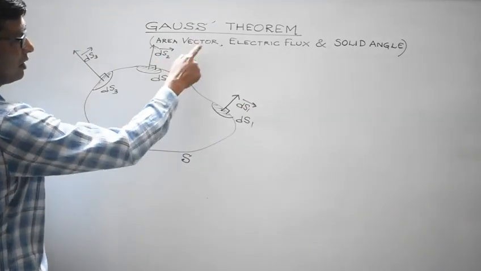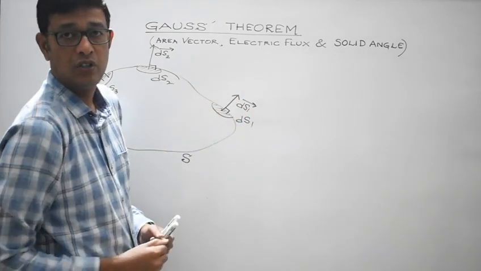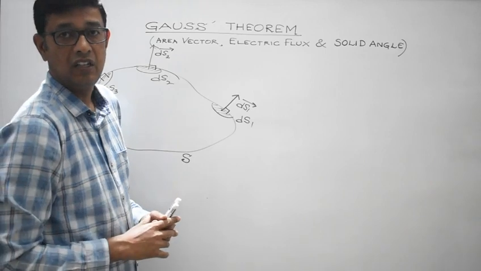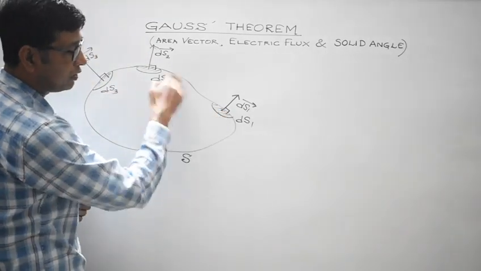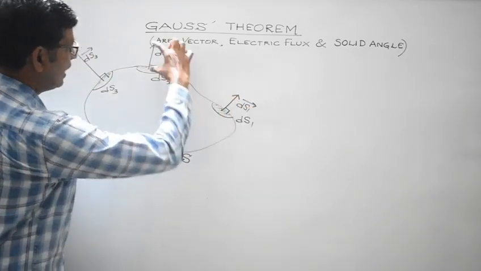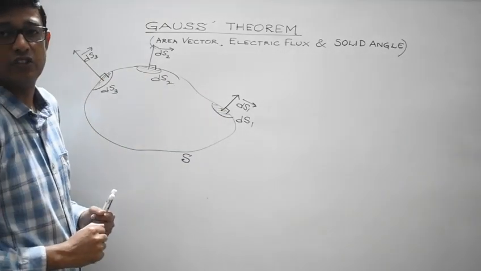So area vector of a given area is represented by an arrow where the arrowhead represents the orientation of that particular surface. And the point to be noted is that area vector is always perpendicular to the surface which it represents. The length of the arrow represents the magnitude of the area of the surface under consideration.